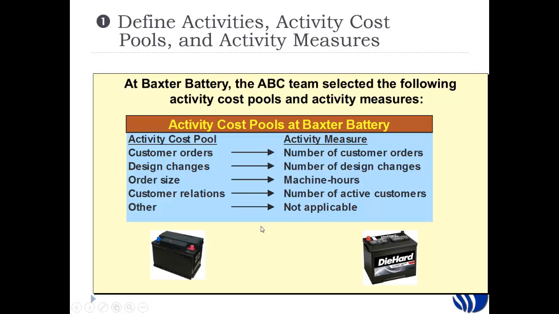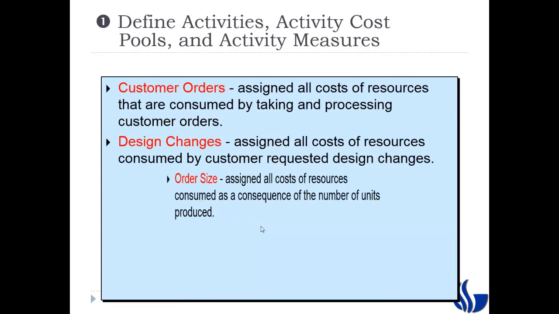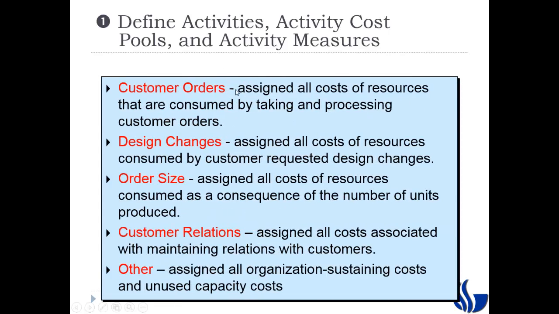They're organization sustaining costs. To give us a little bit better understanding of what these cost pools make up, we've got these details here. So the customer order cost pool assigns all costs of resources that are consumed by taking and processing customer orders. What type of activity is this on the cost hierarchy? We'd probably say it's a batch level activity.